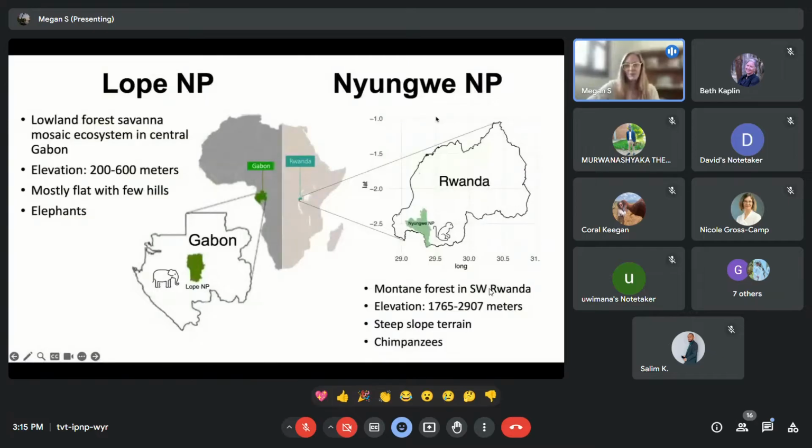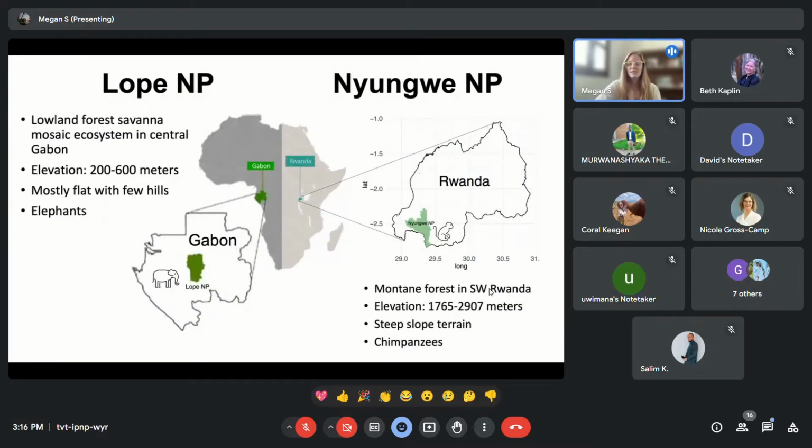And so when thinking about how a similar long-term fruit production pattern might play out over time in Nyungwe National Park, I wanted to get a sense of the similarities and differences between the site that they studied for the Gabon study and the site that I wanted to do my analyses at in Rwanda. Lope National Park is a lowland forest savanna mosaic ecosystem in central Gabon.